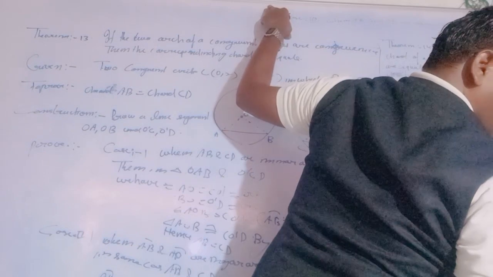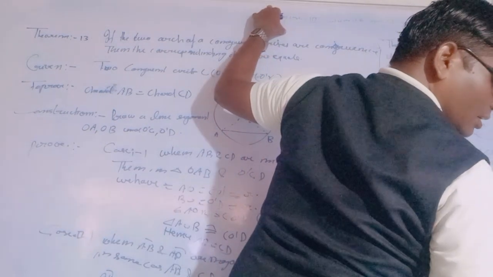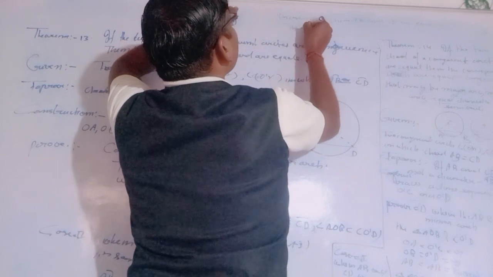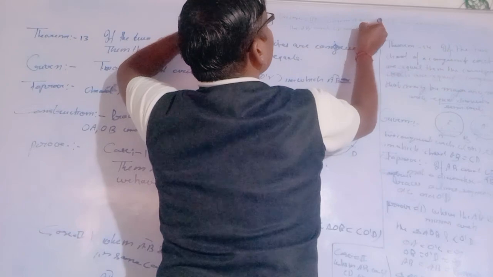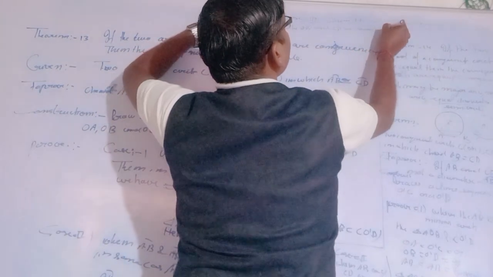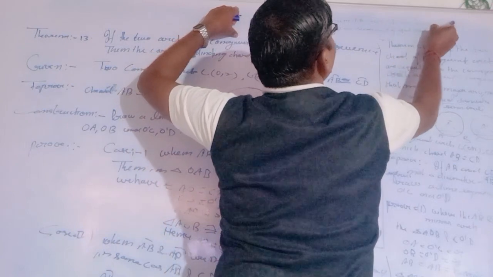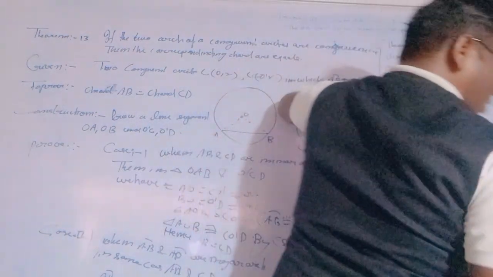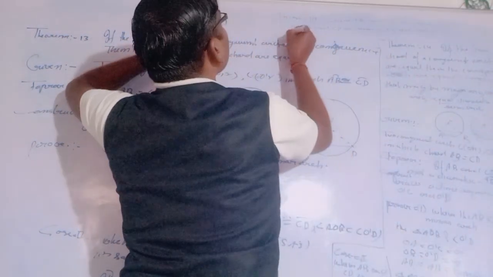Then AB and CD are semicircles of equal radii r. It is already given that the radii r are equal, so we can calculate and say that therefore they are congruent.